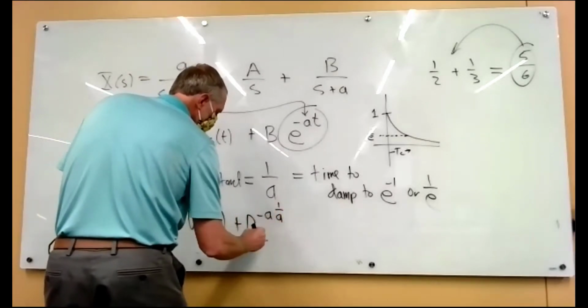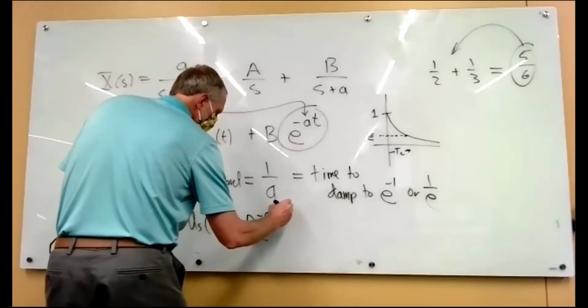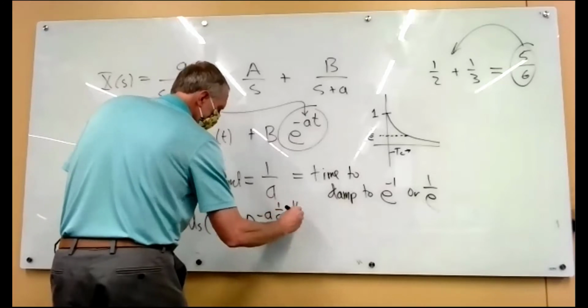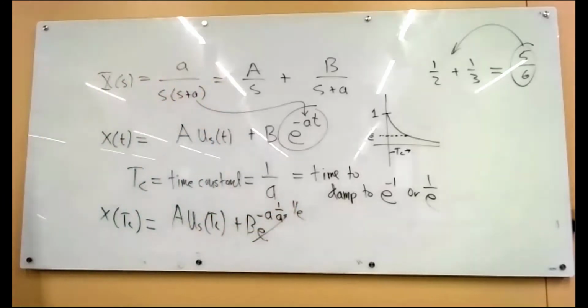So you get e to the 1, and that's just 1 over e. E to the minus 1, sorry. So that's just a measure of how fast this thing decays in response to this step input. So whatever initial condition you're starting at, you kick on the force at time 0, it's going to slide over. This is a measure of how far it gets in a certain amount of time.